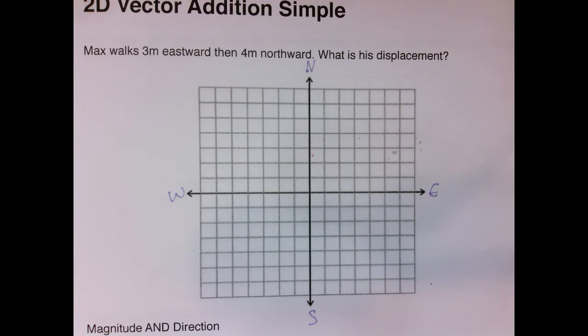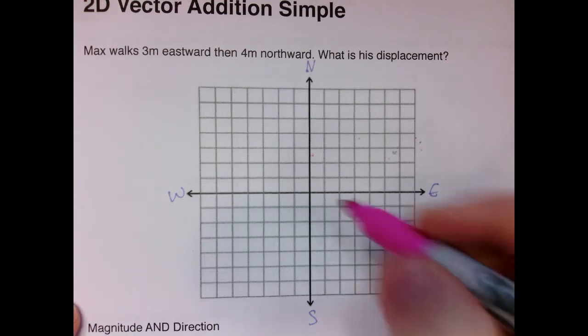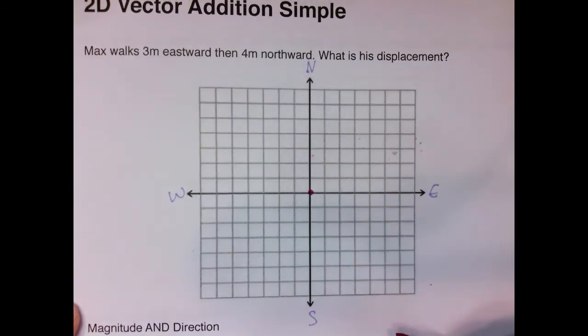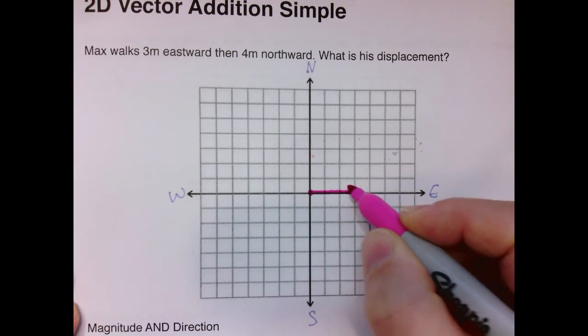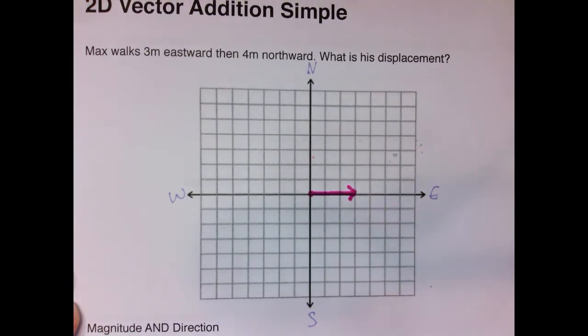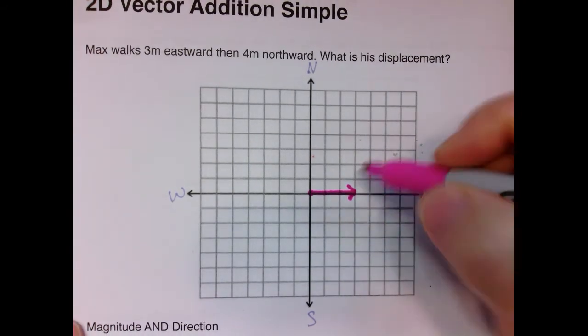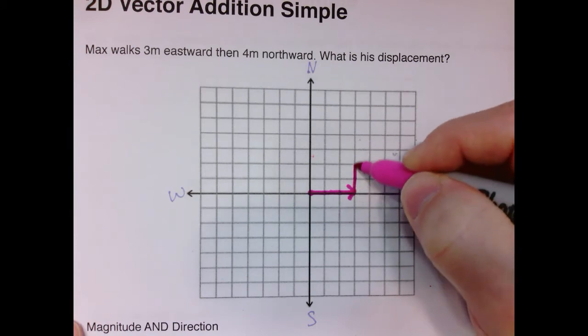So we start out being told that he's going to walk 3 meters eastward. Now let's just say I happen to pick this location right here, the origin. There's 3 meters eastward. Then he walks 4 meters northward.